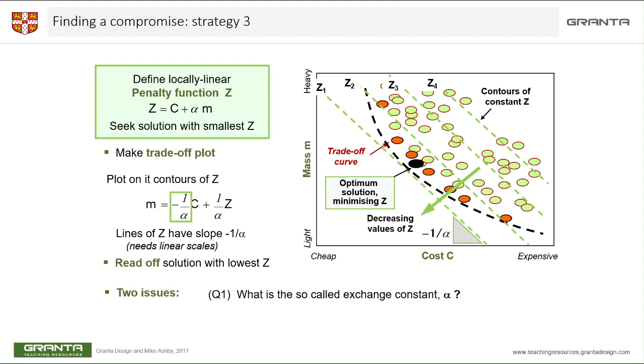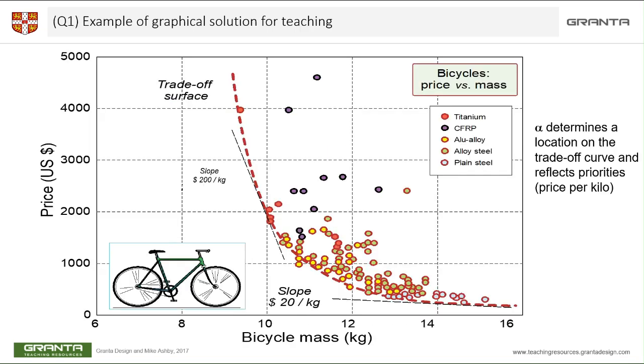So I will explain this, and the second thing will be how we plot this linear function on a log scale, because that's more of a practical issue with the way graphs are plotted in Granta software, right? So I'll answer both of these questions. But first I will focus on the question about the exchange constant alpha.